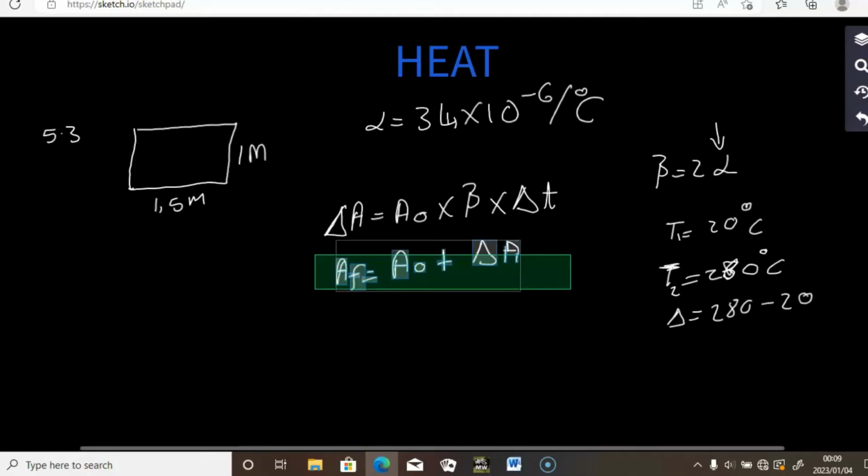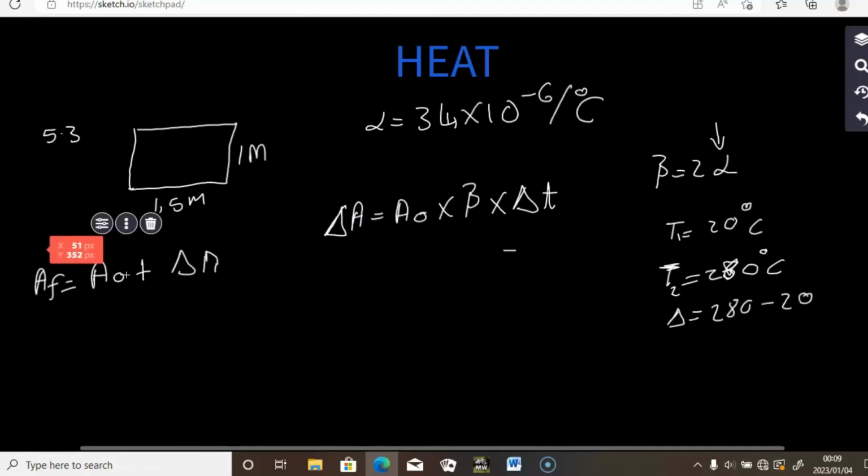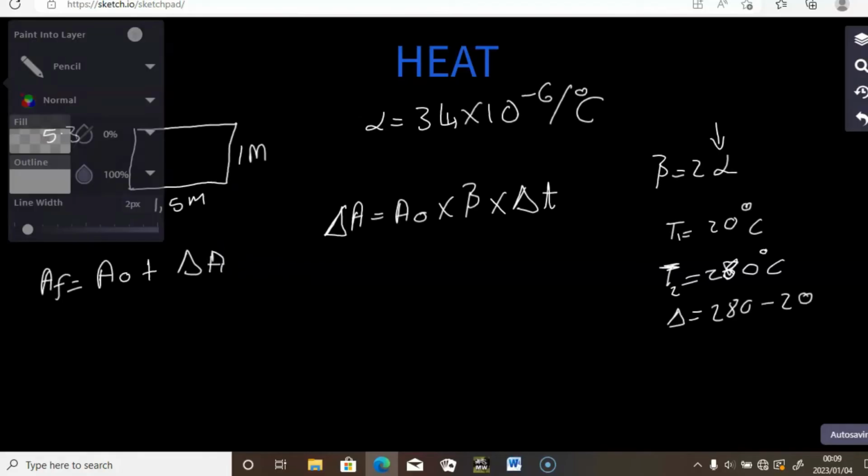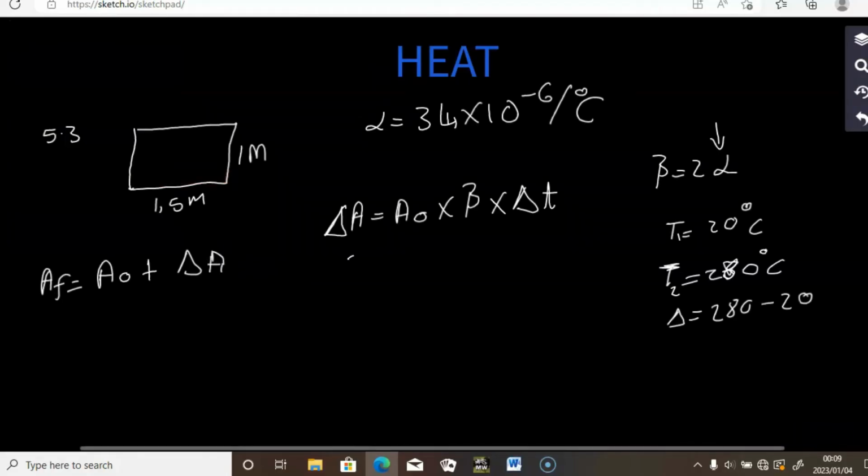Let's take this formula. So we are coming to this formula now to calculate. The original area is what? It is length times breadth. That one we know, which will be 1.5 times 1. That is our original area. What is the coefficient of area expansion? It is 2 times the linear coefficient of expansion.